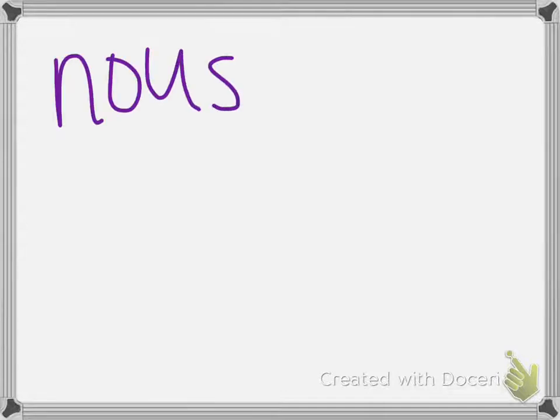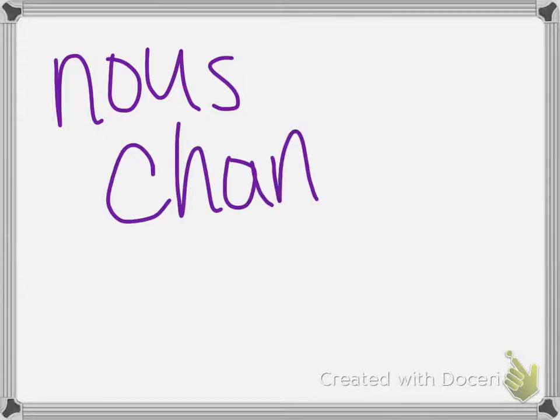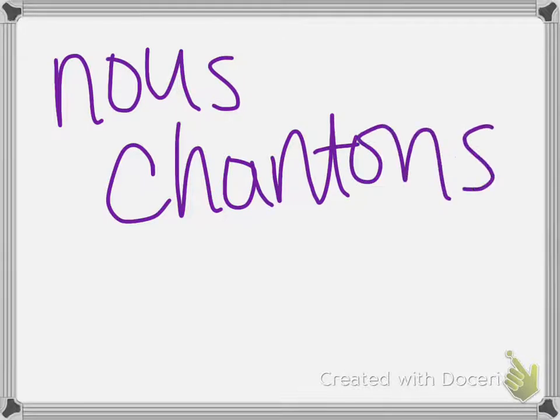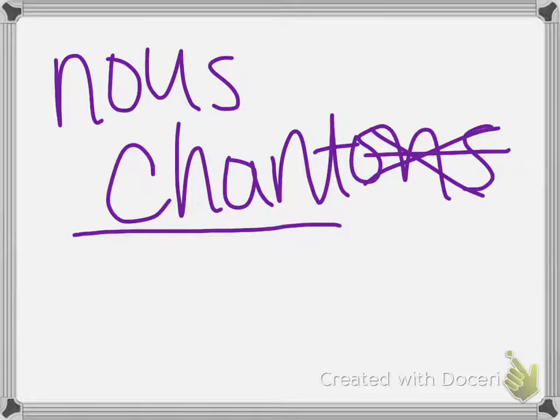For almost all verbs, regular, irregular, the imperfect stem is formed very easily. To get the imperfect stem, we take the nous form of the verb. So let's do chanter, for example. Chanter is a regular ER verb. Conjugated for nous, it is nous chantons. And then we take off the ONS, and we are left with our imperfect stem.